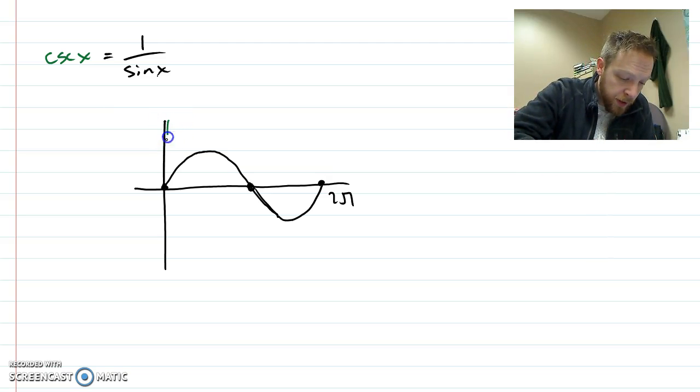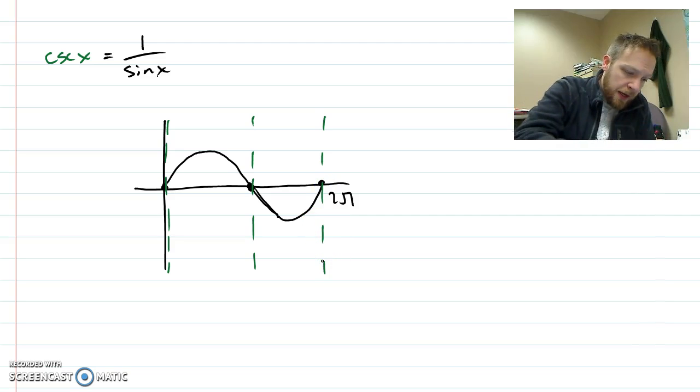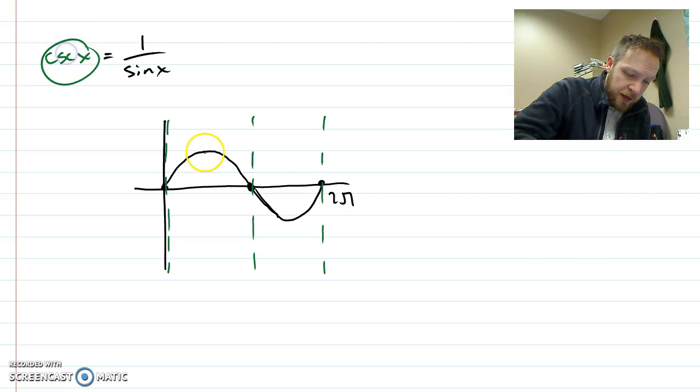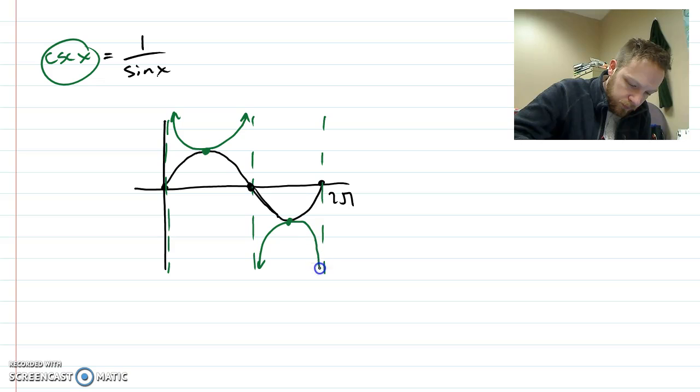Asymptotes are always when the one it's based off of is 0. And then I'm going to draw in red the cosecant. Or actually, let me do it in green because I have cosecant there. So it's going to do this movement here. Okay, and this is 1 period again.